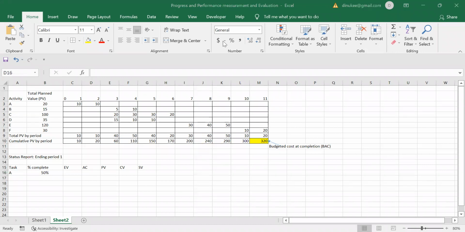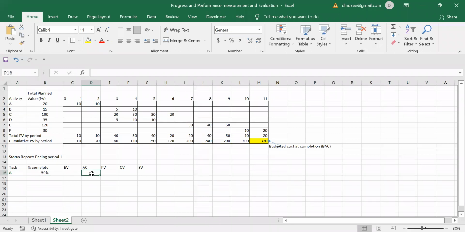Yeah, this 50% is given in the question, right? So in the examination paper also, if I ask you to calculate the status report, that 50% or the completion percentage, I will give you, right? In this question, they are telling that the activity A or task A at the end of period 1 is 50% completed, right?